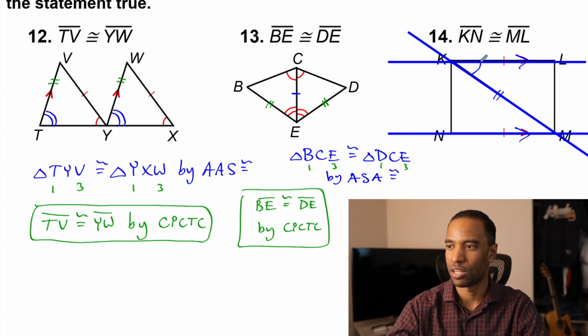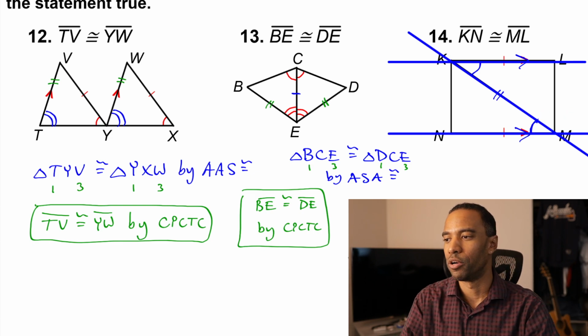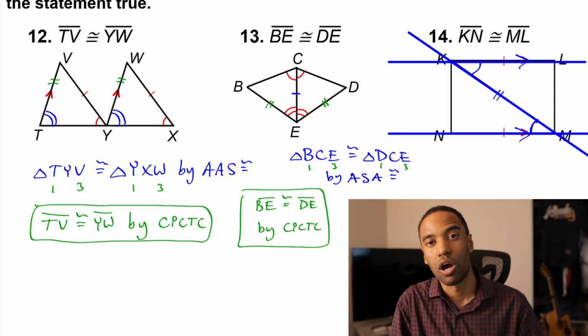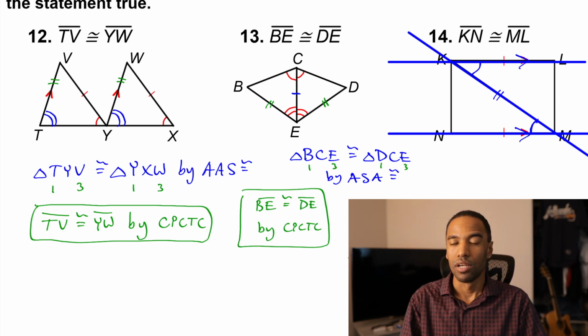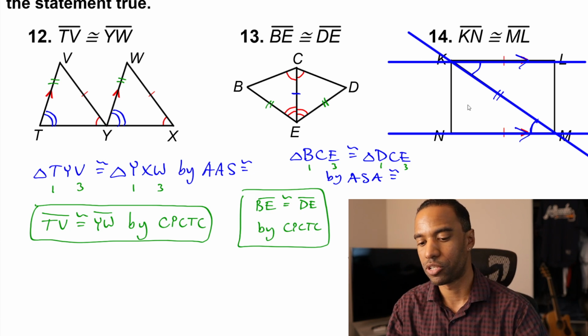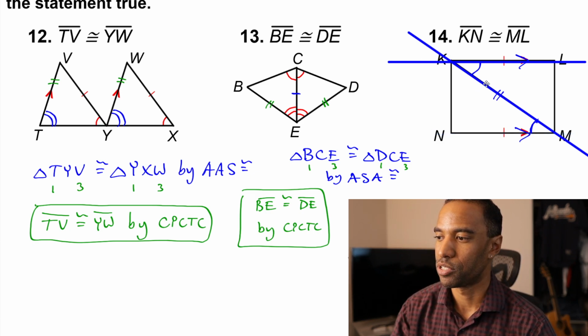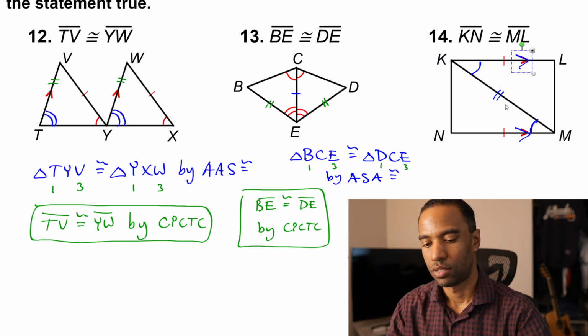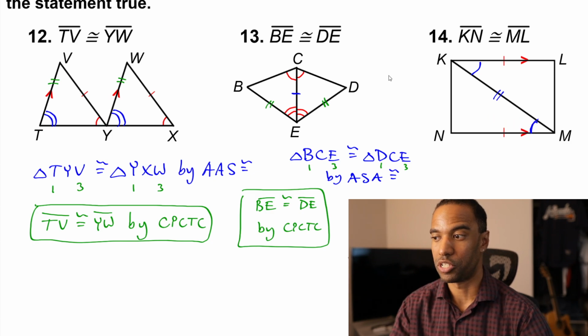Look inside the triangles. Look at this angle here and this angle here. What are those? Look at the blue only. Those are alternate interior angles. With parallel lines cut by a transversal, alternate interior angles are congruent. And when they're congruent, we do have, when you have parallel lines, alternate interior angles are congruent.